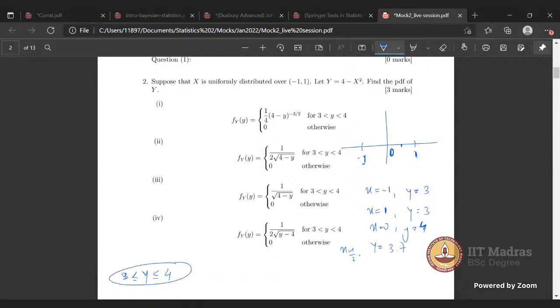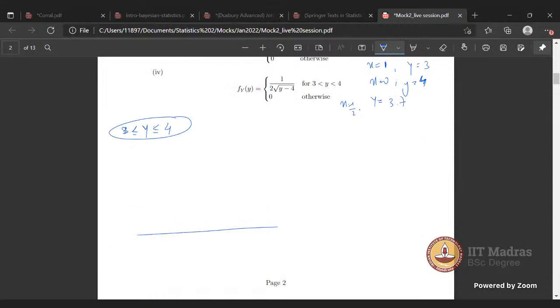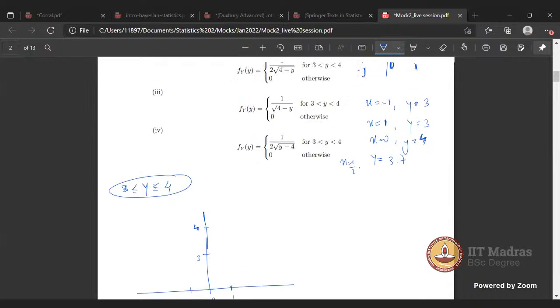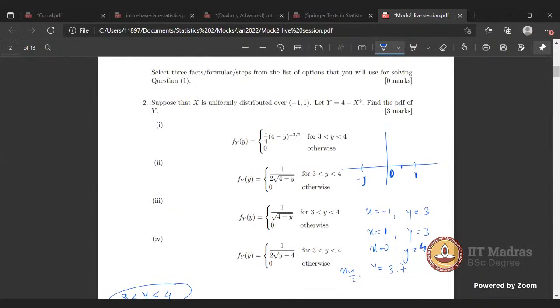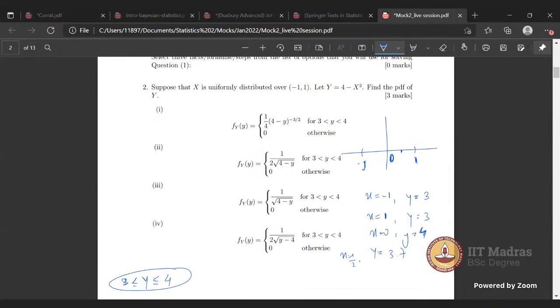So any value you take between 0 to 1 or -1 to 0 will always lie between 3 and 4. So your y lies between 3 to 4. You have -1, you have 1, and y is lying between 3 to 4. Now I have to find the PDF of y.